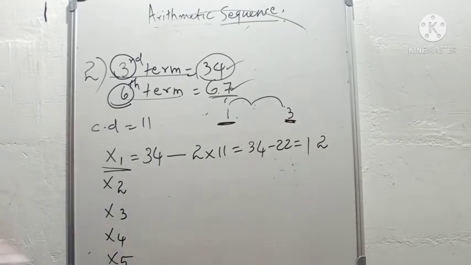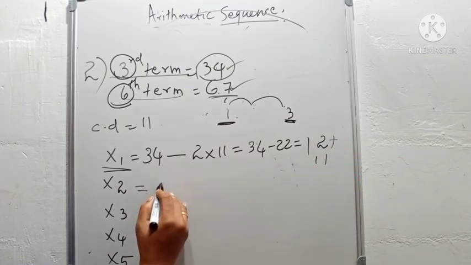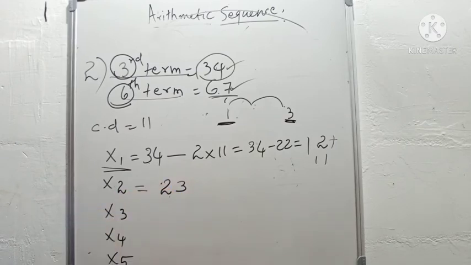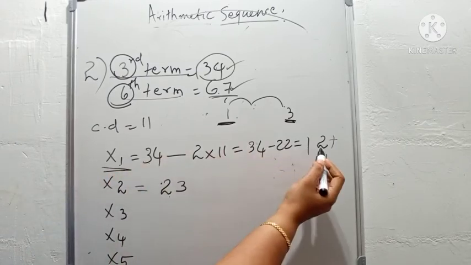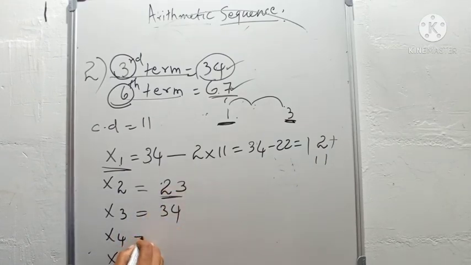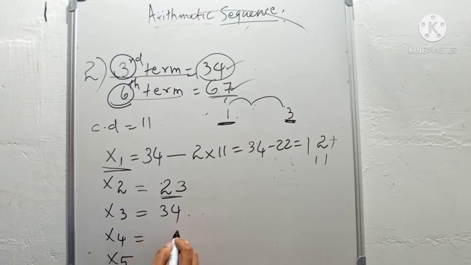Then what about the second term? The second term is 11 more than the first term, which is 23. So the first term is 12, the second term is 23, the third term is 34. The fourth term is this plus 11, which is 45.